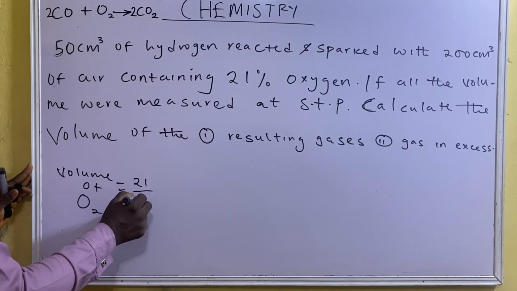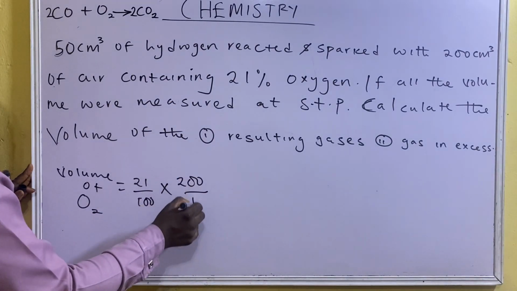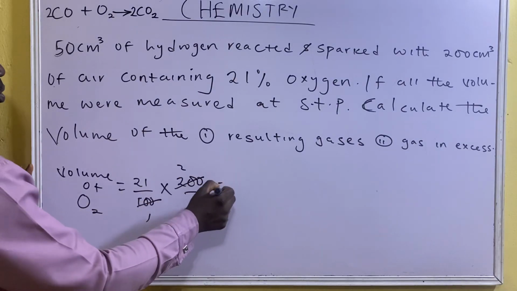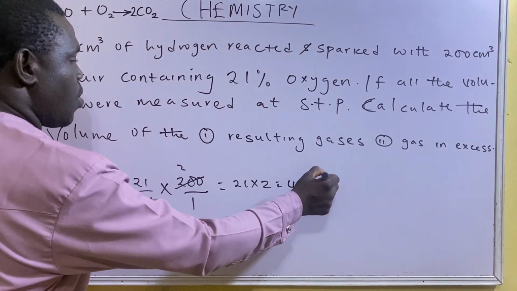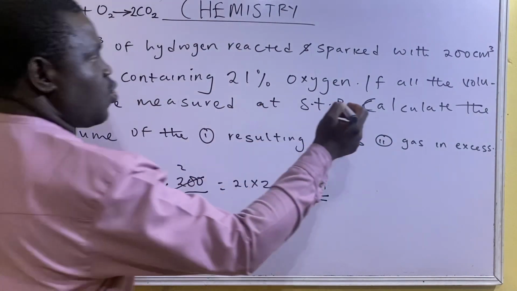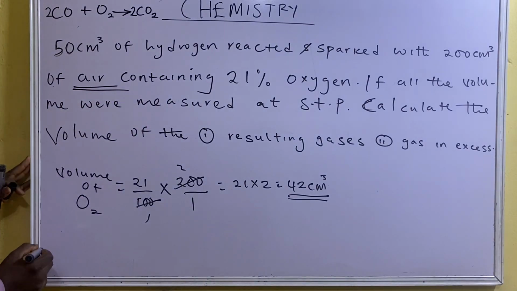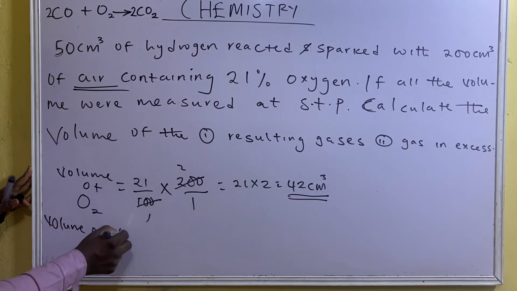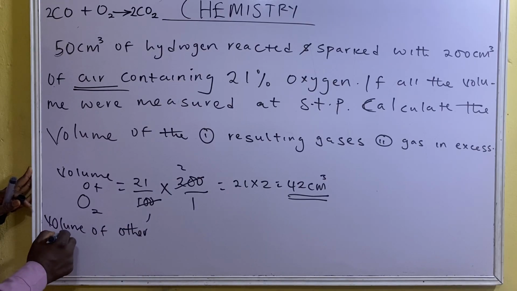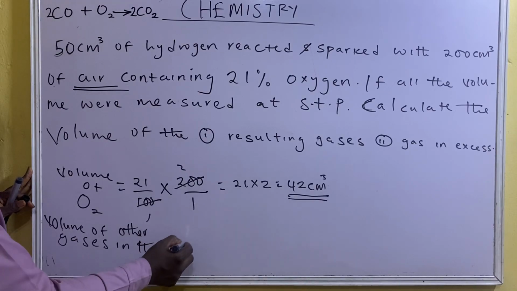So we have 21% multiplied by 200, which gives 42. Since air was mentioned, we need to know the volume of other gases in the air.